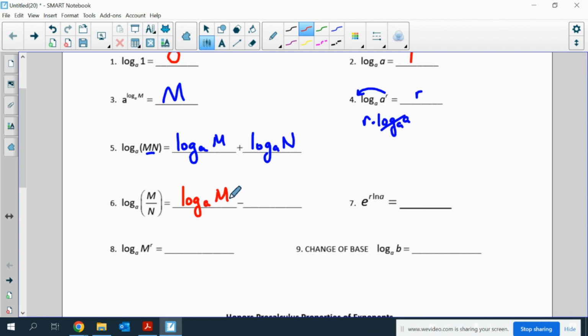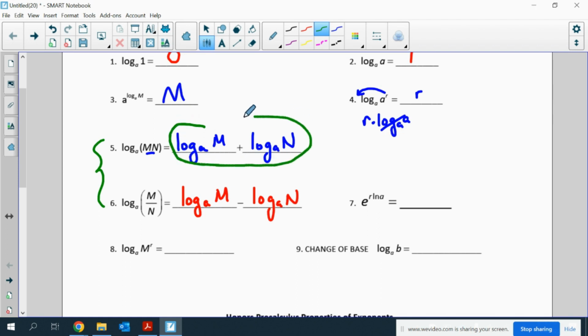So log base a of m minus log base a of n. And both of these, numbers 5 and 6 especially, will often be used in reverse. So I can ask you to condense, starting with something like this and moving it that way.